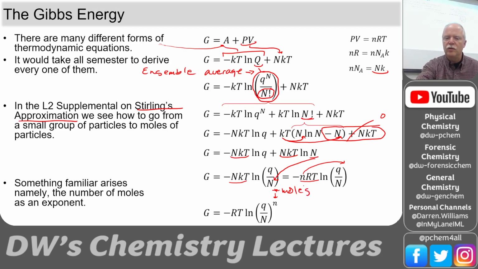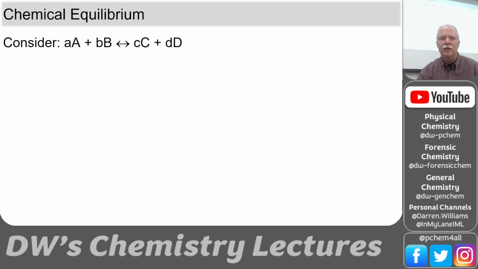So we have number of moles as an exponent. We've seen that before in the equilibrium constant, right? When you're doing the equilibrium constant, you have the concentration of species A raised to the number of moles of A. So let's look at our reacting system with this equation.